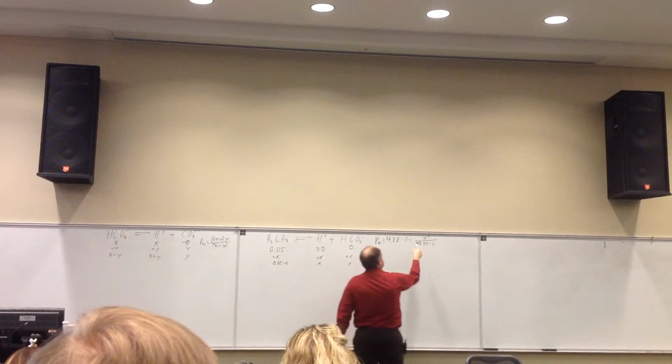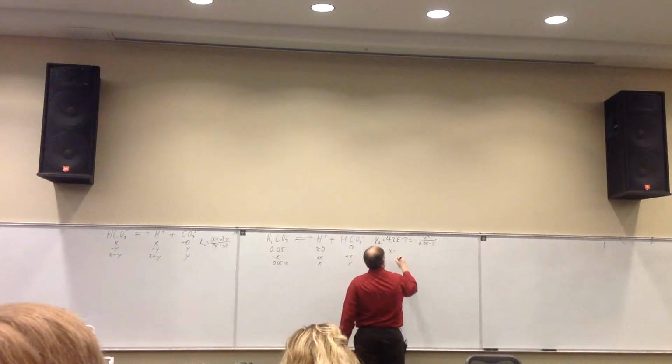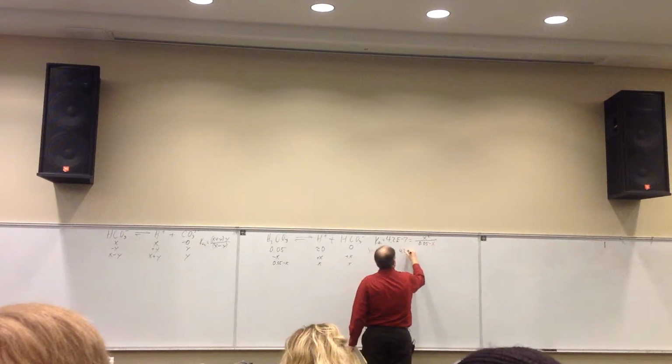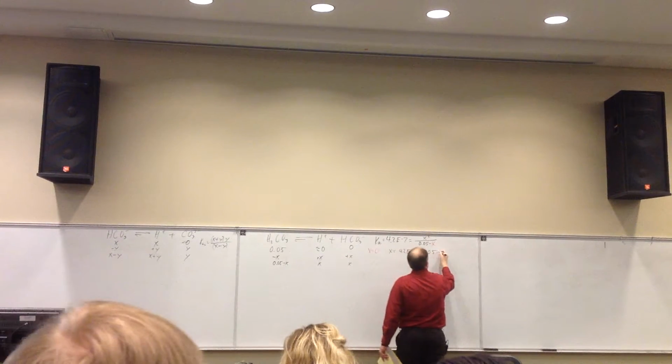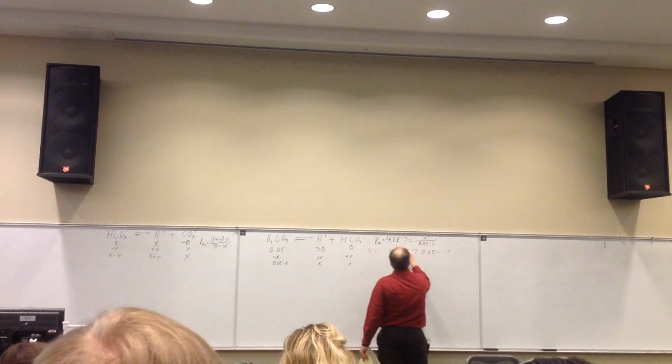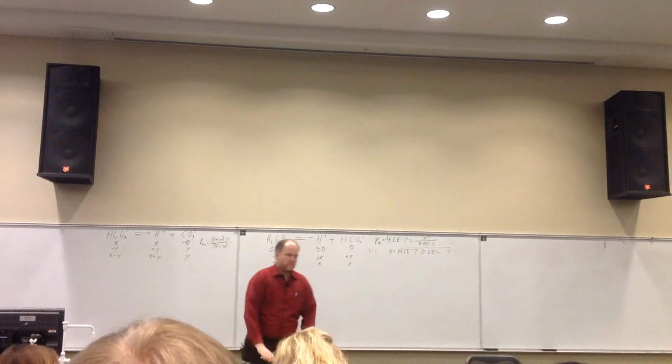I'm going to solve this for the black x. So that x is equal to 4.2 times 10 to the minus 7 times 0.05. I'm going to go ahead and put the minus x here, because that's going to be my iterator.